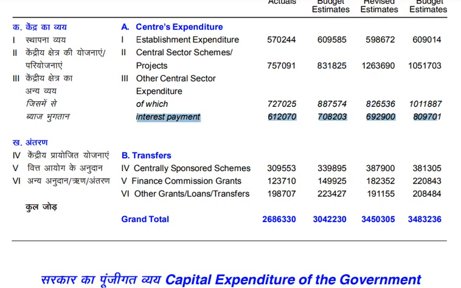When we are talking about expenditure, look at the value of interest payment. Whatever amount the central government is borrowing, whether through internal systems or external debt, for the borrowed money the government is paying 7 lakh crore.